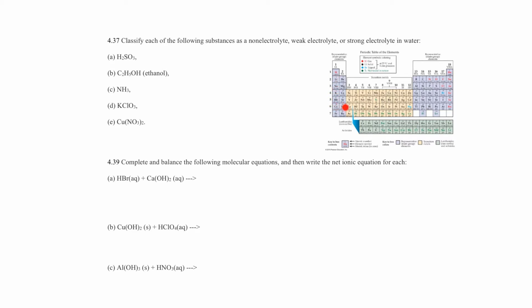And then from cesium go over, you have barium, strontium, calcium, these three. So there are 8 strong bases. So cesium hydroxide, rubidium hydroxide, potassium hydroxide, sodium hydroxide, lithium hydroxide, and then go down to the bottom, barium hydroxide, strontium hydroxide, and calcium hydroxide. Those are your strong bases. If you have those, you have a strong electrolyte.